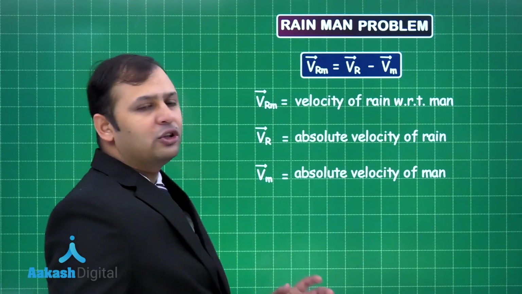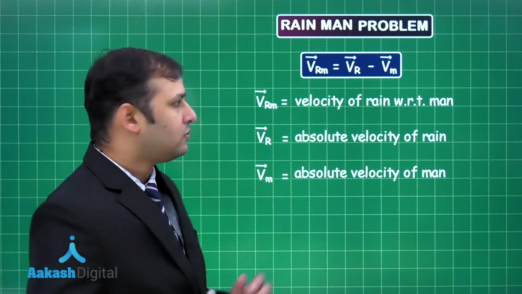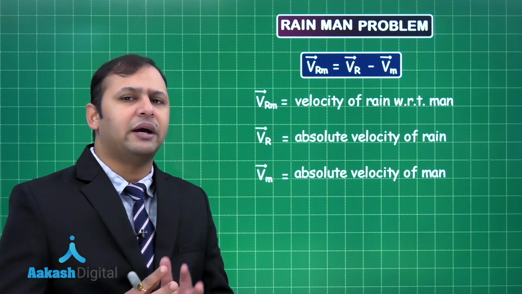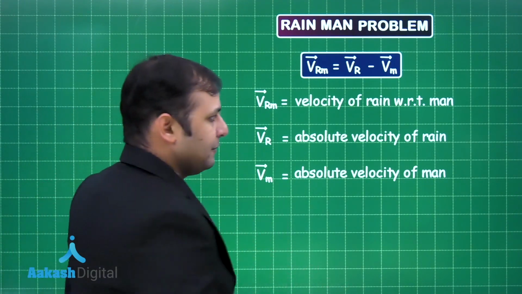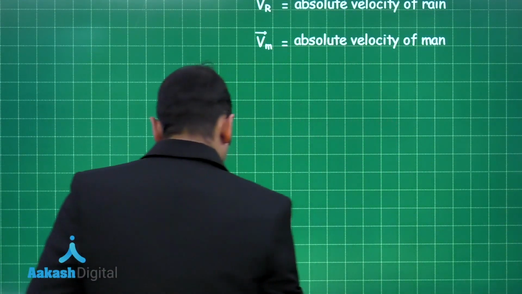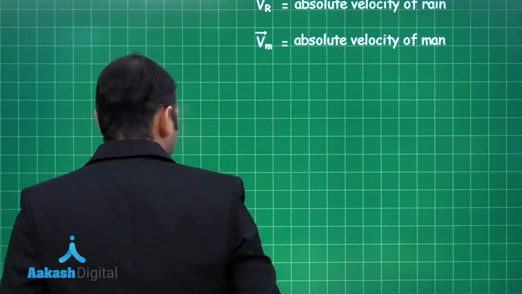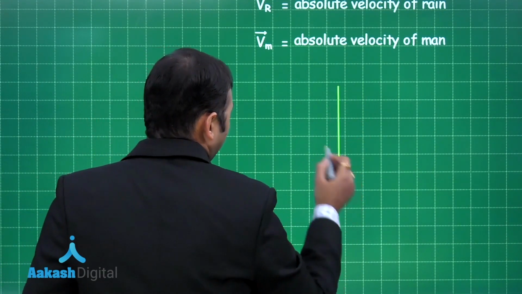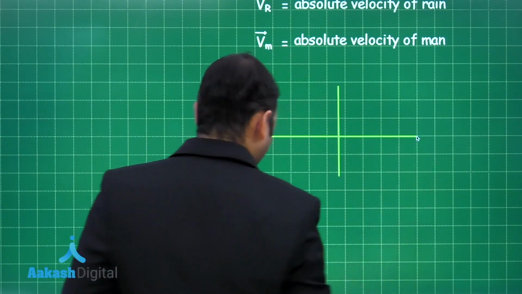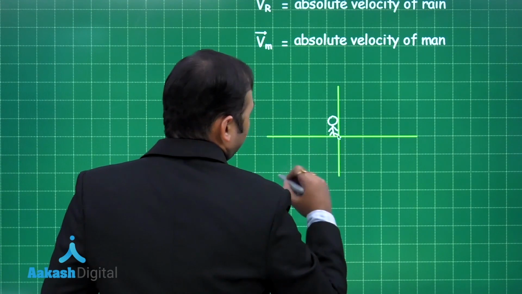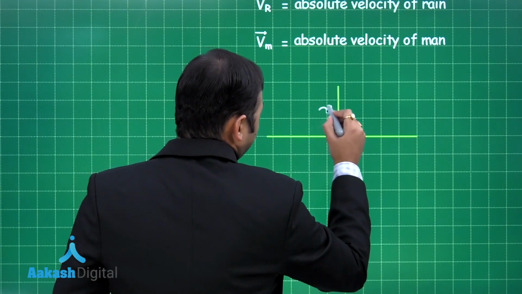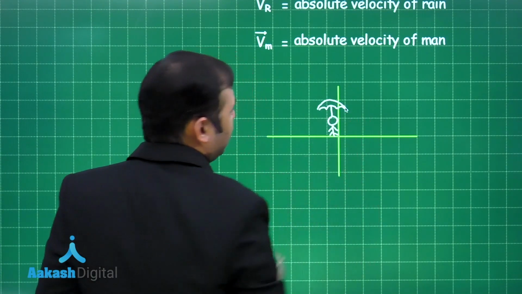Here you see the velocity of rain with respect to man, which is represented as VR minus VM. Now how can this be explained graphically? Let's see. Here if you take this as vertical and this as horizontal, and let's suppose there is a man standing here holding an umbrella in this direction, that is vertical.